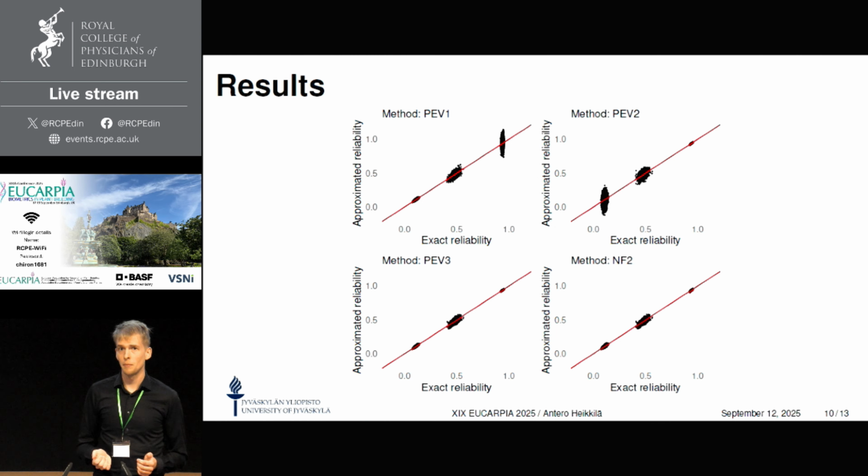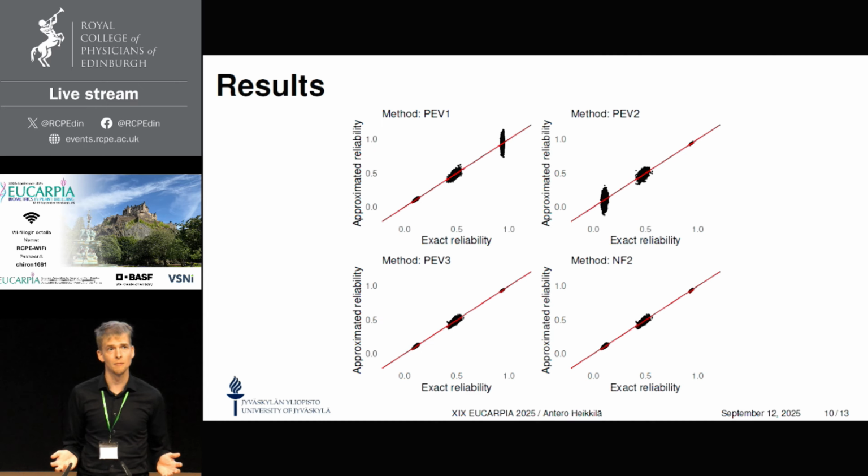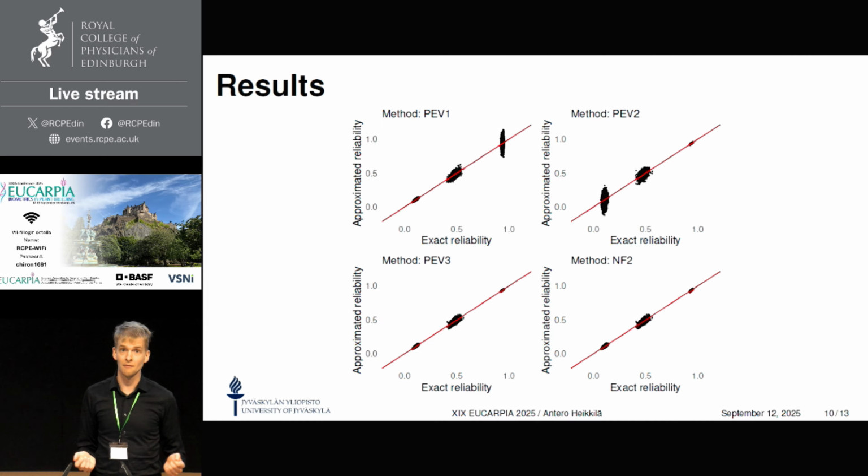If you look at the top left corner, there is the method BEV1. We can see that it approximates low reliability values well, but the higher the reliability, the worse the approximation, because there is more deviation in the cluster.